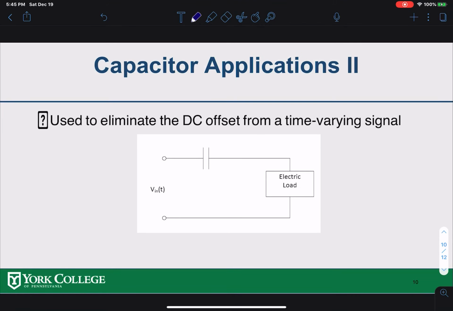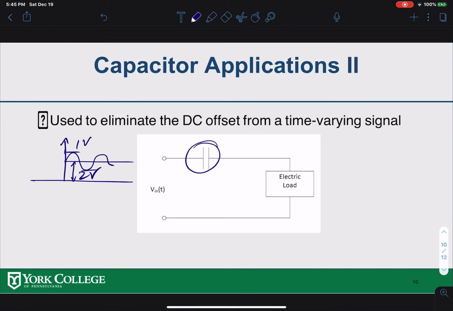Also, you know that for DC, a capacitor is an open circuit. So if you have a DC signal coming here, it cannot travel through the capacitor, so your load would not feel any DC voltage. Let's say the input has a DC offset of 2 volts and an AC signal of 1 volt and negative 1 volt, so 2 volts peak to peak.